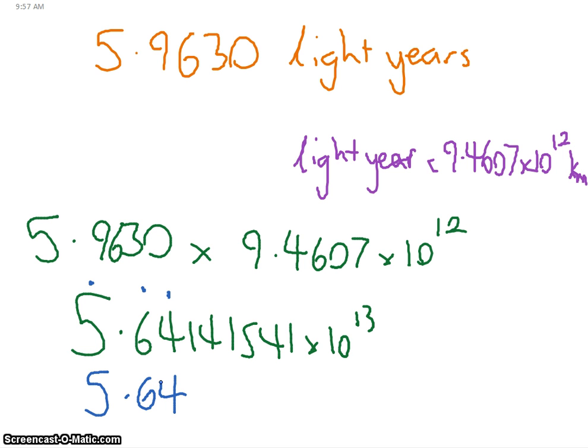If it was a 5, what would you do? Round up. If it was an 8, round up. If it was a 9, round up. So we get 5.64 times 10 to the power of 13, to 3 significant figures. Everyone good? All you're doing is timesing it.